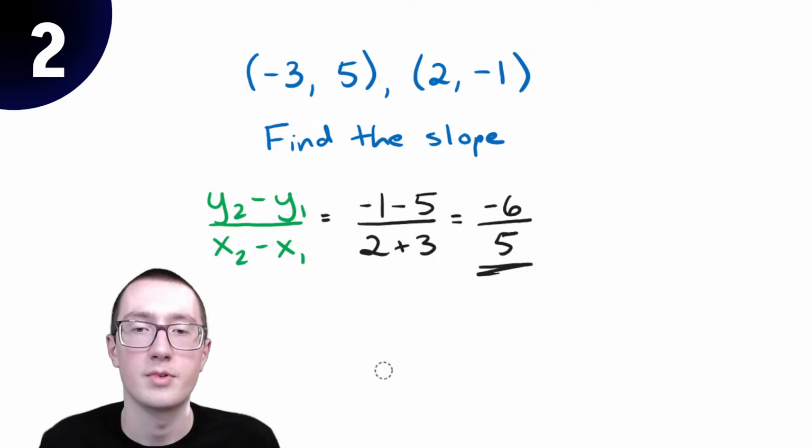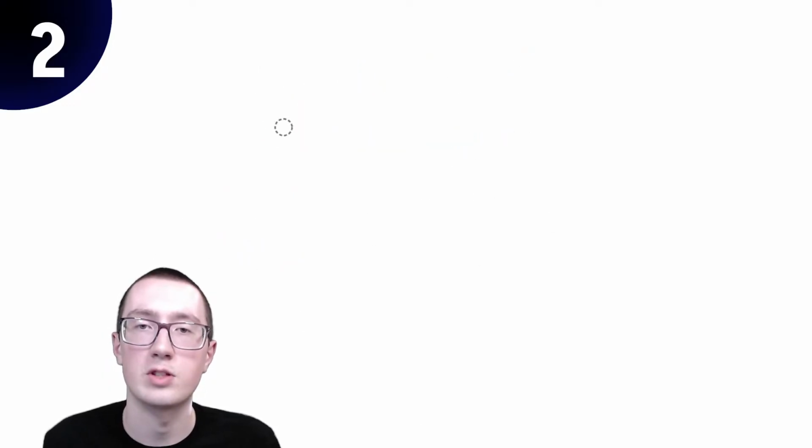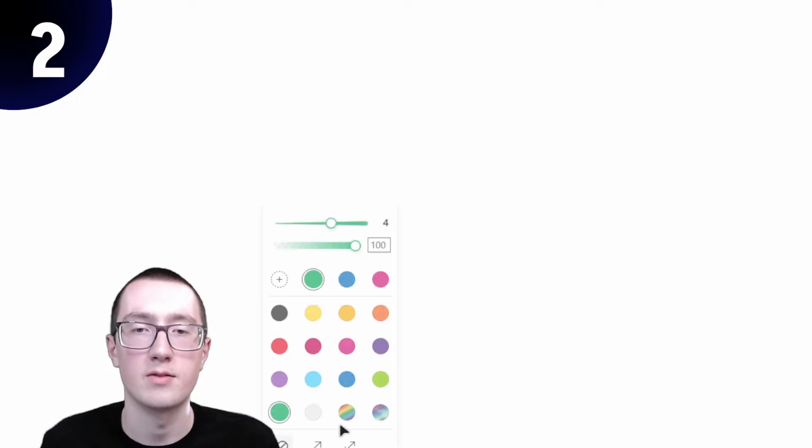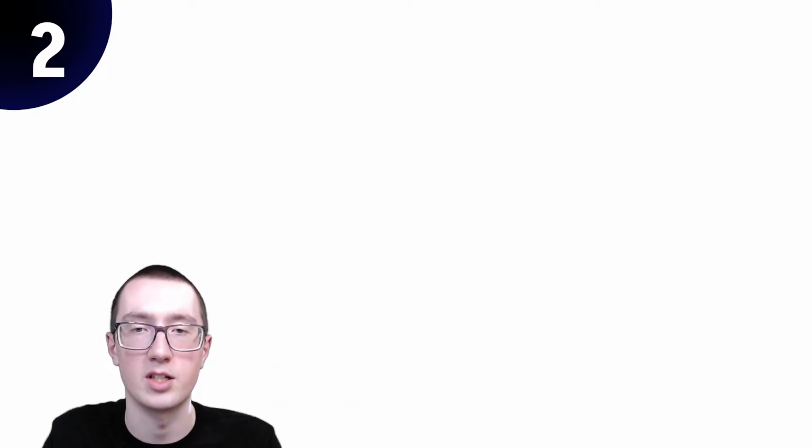So yeah, that is the second problem. The next one's kind of similar, but it's going to be slightly different because we are going to be writing an equation. So I'm going to switch to number 3 here. And we're going to get started with our third problem.